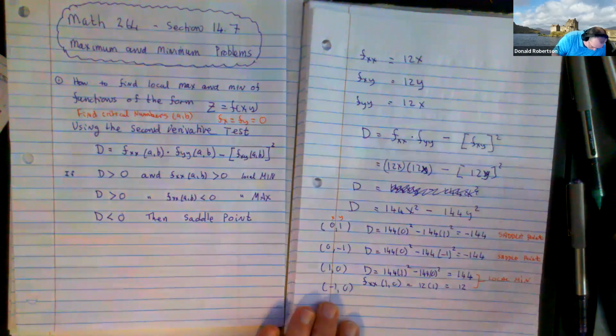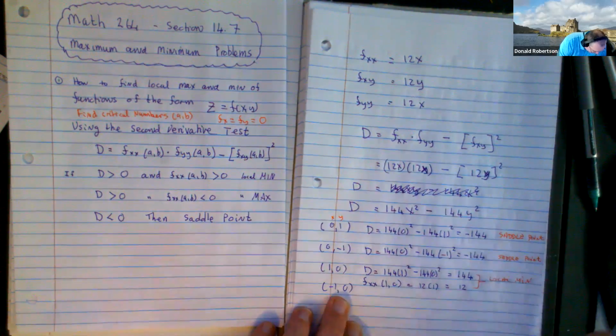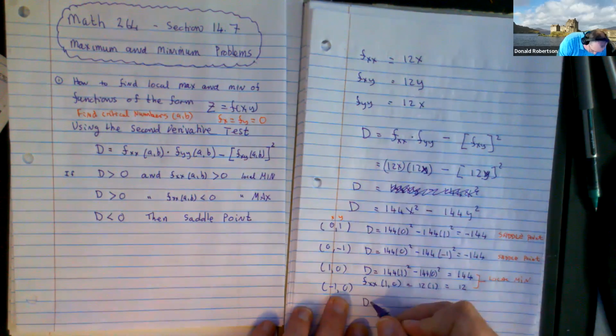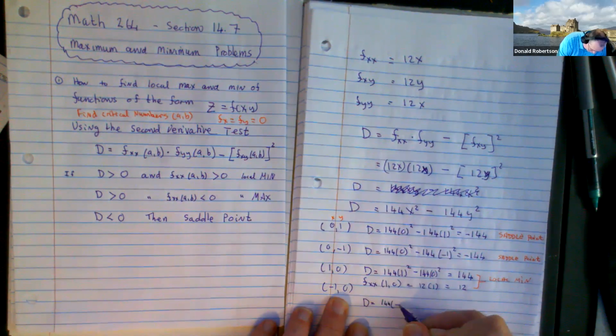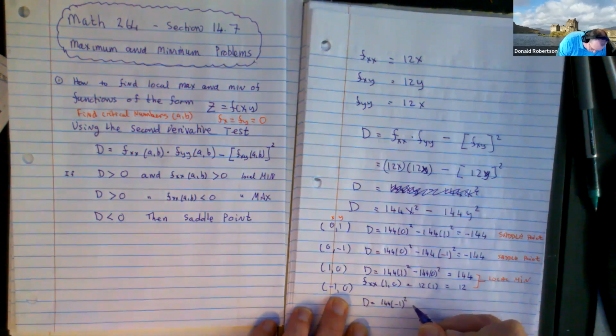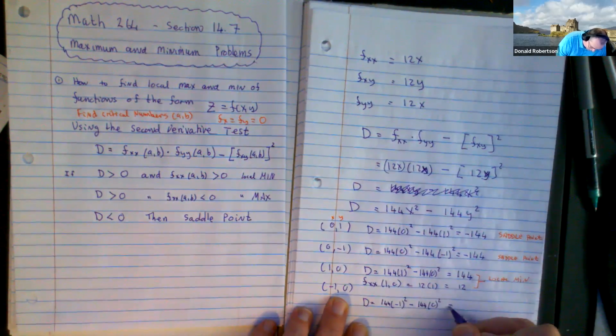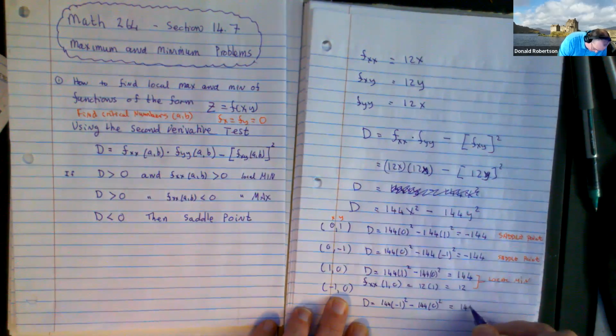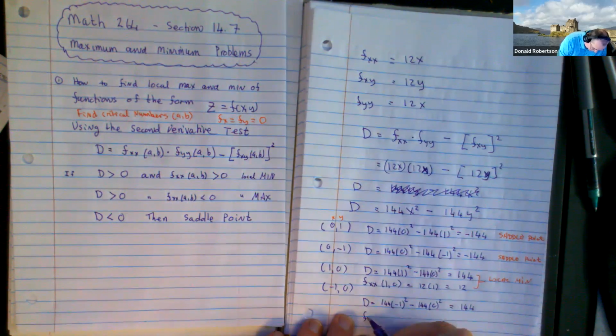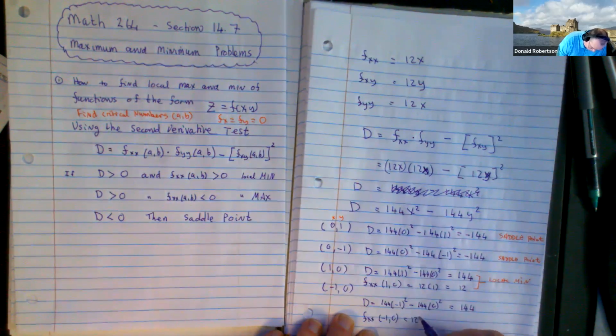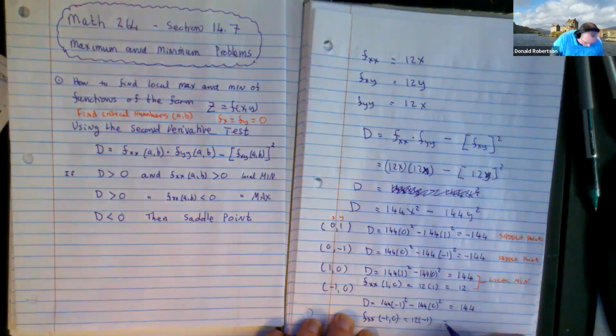Right, the last one, which is this one here, it's 144 times negative 1 squared, take away 144 times nothing squared. That also ends up being 144. And the second derivative at that point is 12 times negative 1, which is negative 12.